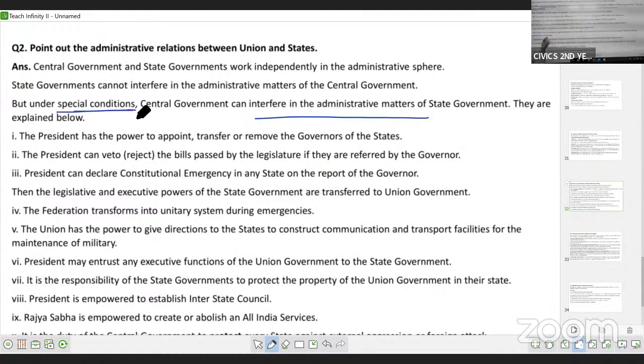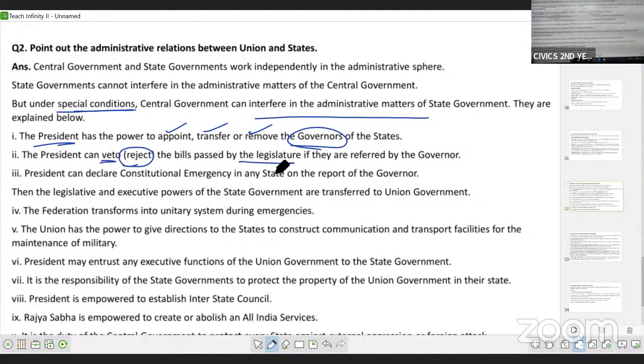For example, the president is a part of the central government, but he can appoint, transfer or remove the governor of the state. Now, the president can veto. Veto means to reject the bills passed by the state legislature.